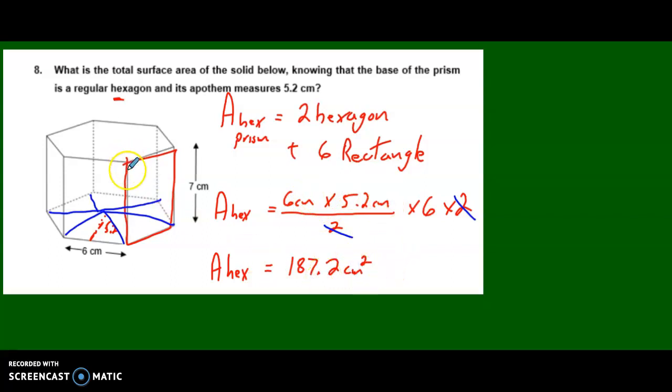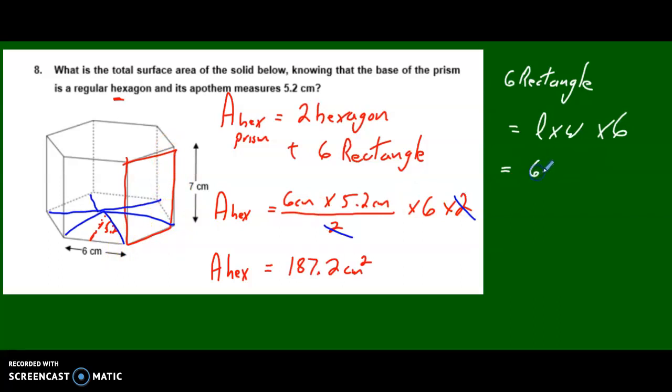And now we have to find the 6 rectangles. The area of a rectangle is pretty easy. It's just length times width, and we have 6 of them. So the length is 6 centimeters and the width is 7 centimeters. It doesn't really matter which one you call the length or the width.